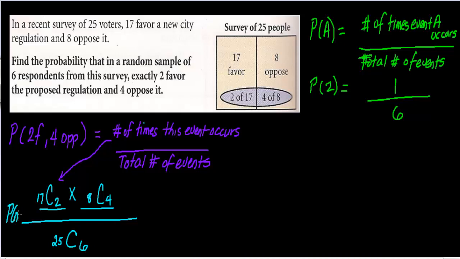Now, we usually express probability as a percent. So you calculate this with your calculator, multiply the two combinations, and then divide by this amount, and you will get an answer that is less than or equal to 1.